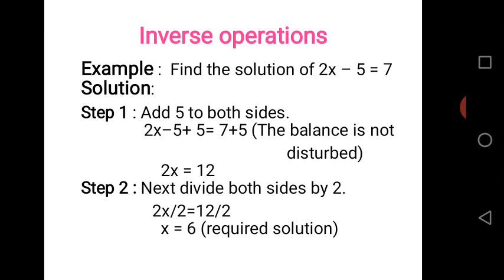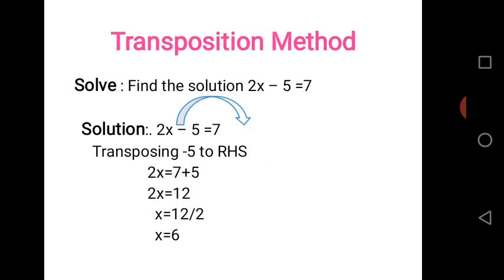When 2x is divided by 2, then 2 from numerator and 2 from denominator get cancelled and 12 by 2 is equal to 6. So that is the required solution. So we can say that for x equal to 6, the given equation 2x minus 5 is equal to 7 is satisfied. So the required solution is 6.